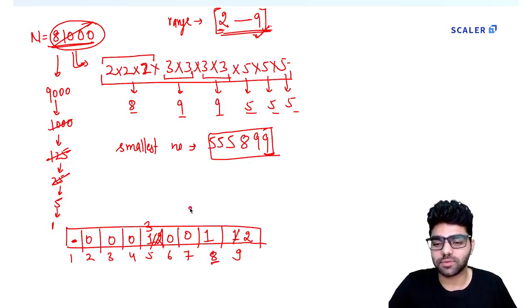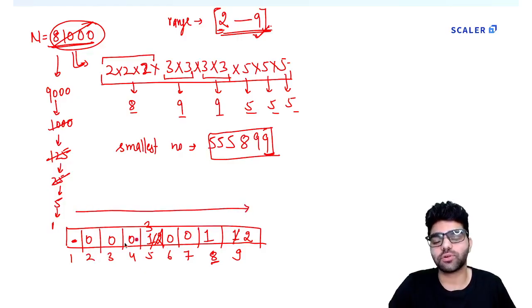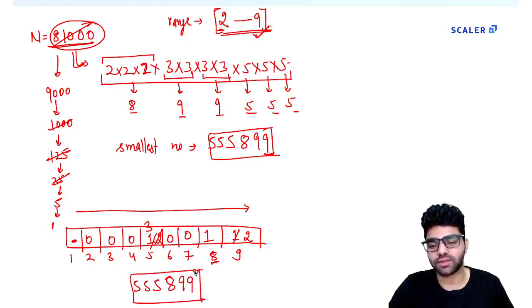How to form that smallest number? I need to consider the sorted order from smallest to largest one. Since it is not divisible by 2, 3, or 4, it is divisible by 5 three times, then by 8, and then by 9. So my answer is going to be 555899.